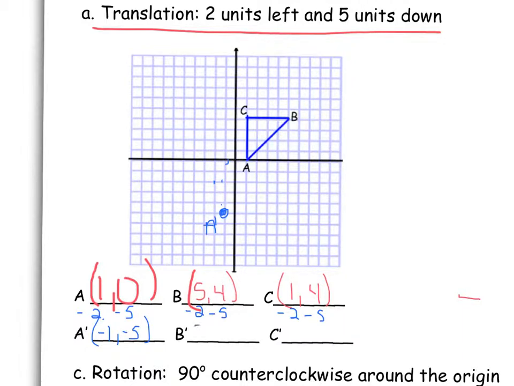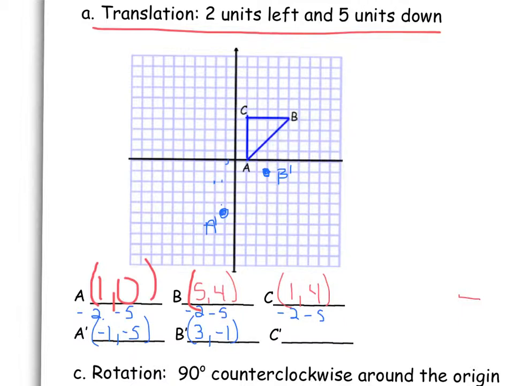So B prime would be 3, 4 minus 5 is a negative 1. So I could go 1, 2, 3, negative 1, and that is my B prime. Or I could have moved 2 places to the left and 5 down, and I would have ended up at the same spot.